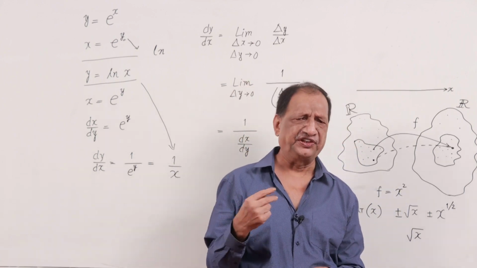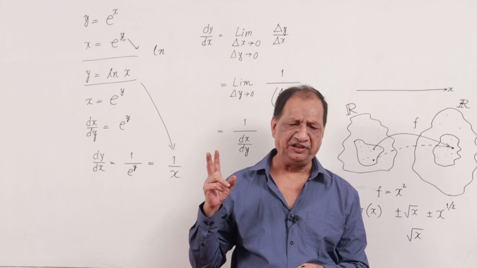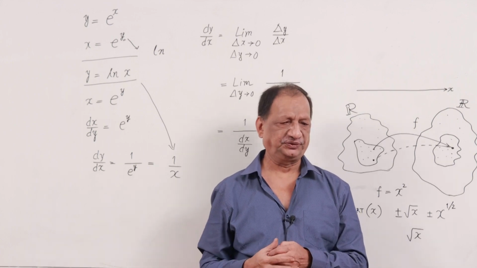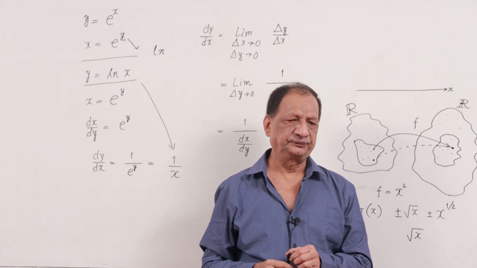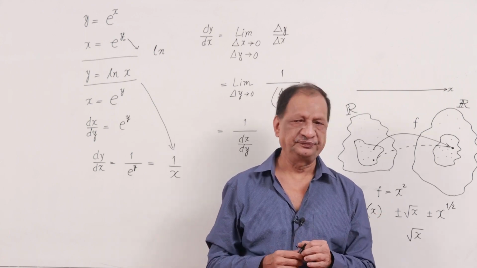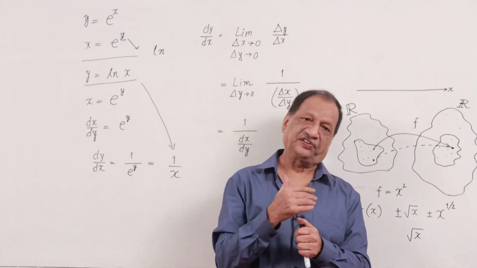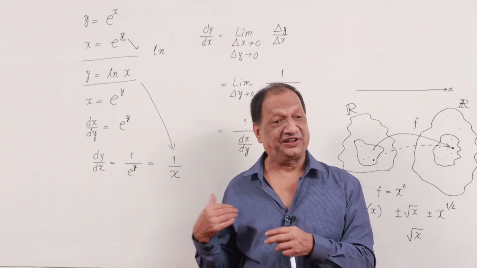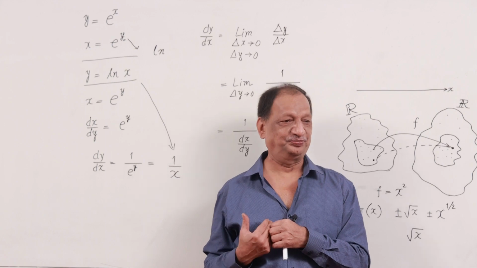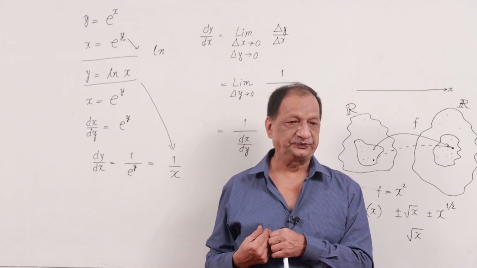So the rate of change of ln x is actually 1 over x. Okay. So when x increases, ln x increases, log x increases, but the rate of increase is decreasing because of that 1 over x.